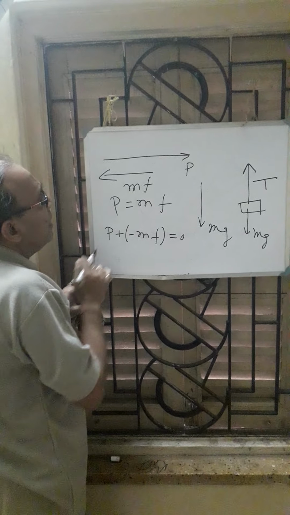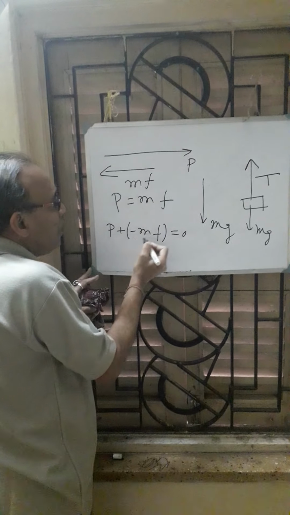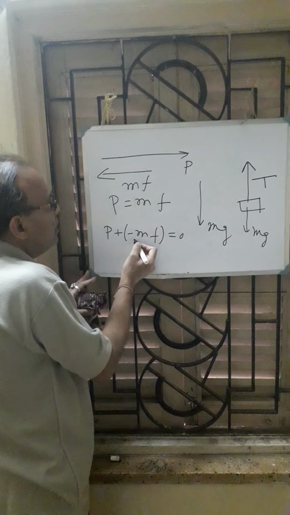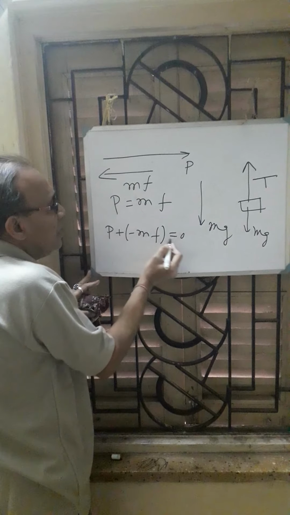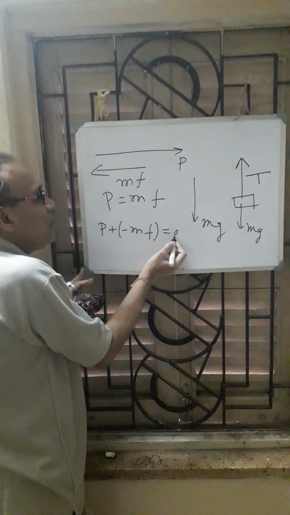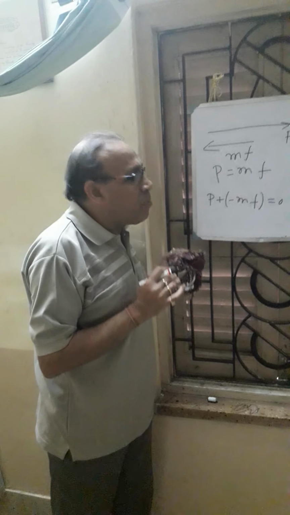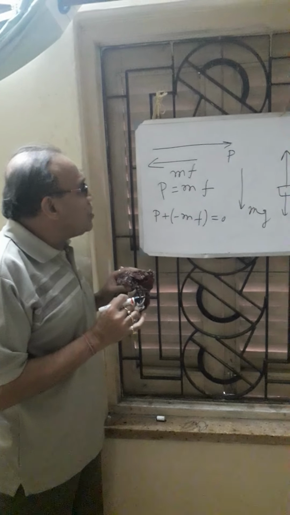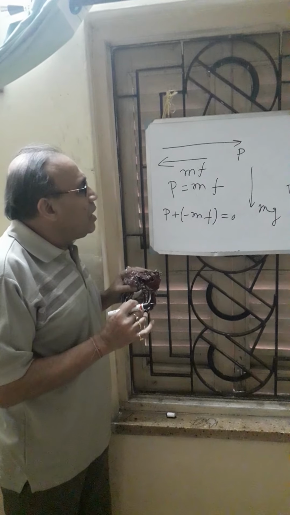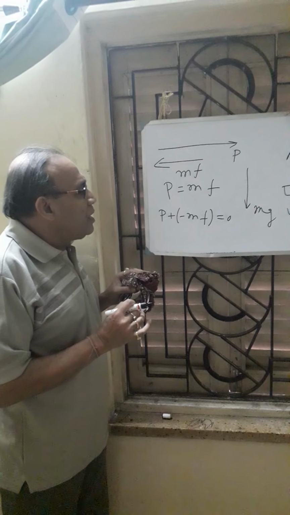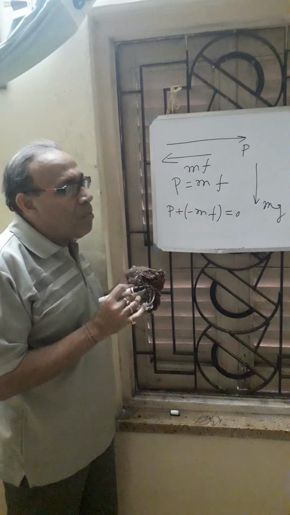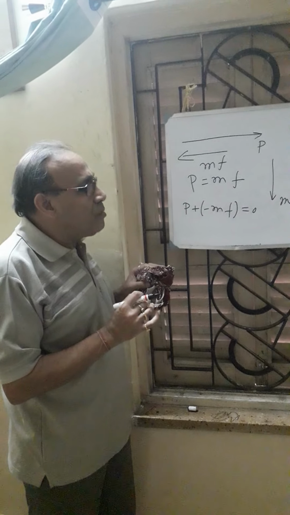It means if I apply a force P, minus means the opposite direction, mass times acceleration, 0 means rest. The body is at rest. That is, all dynamical problems can be reduced to a statical problem, which is very easy to solve. Sigma x equal to 0, sigma y equal to 0, and sigma M equal to 0.